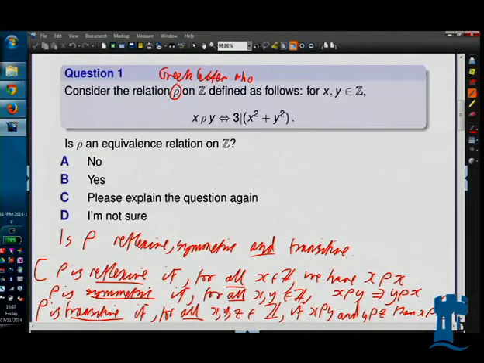Okay? So those are the three things you're investigating. Now, as soon as one of them fails, it's not an equivalence relation. But if all three of them are true, it is an equivalence relation.